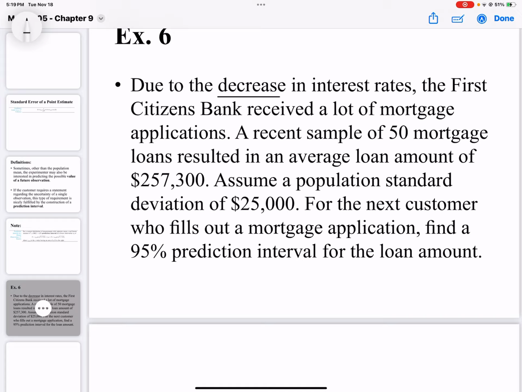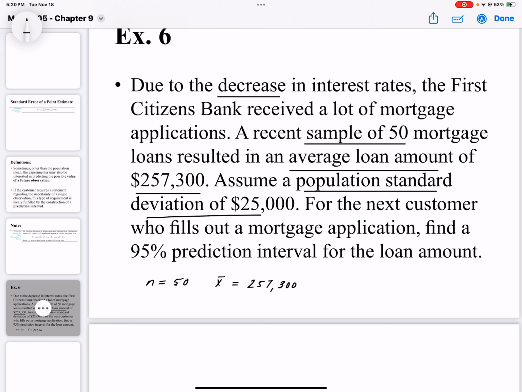A recent sample of 50 mortgage loans resulted in an average loan amount of $257,300. It's a lot of money. The population standard deviation is 25,000.